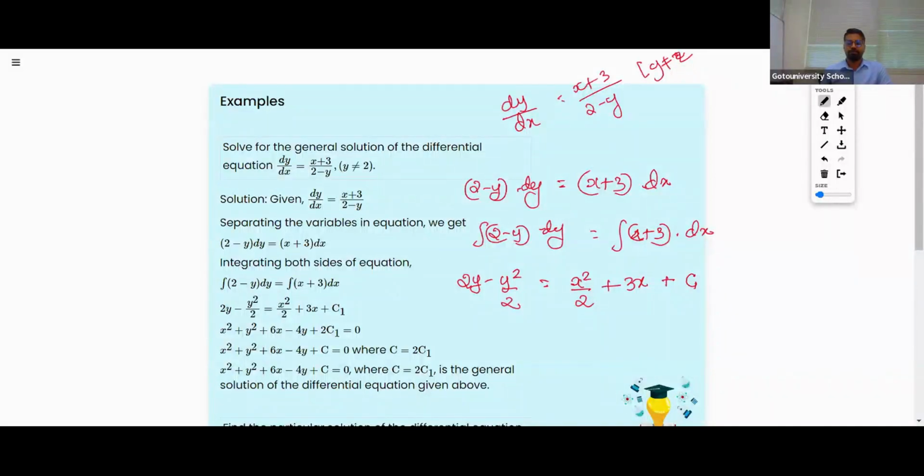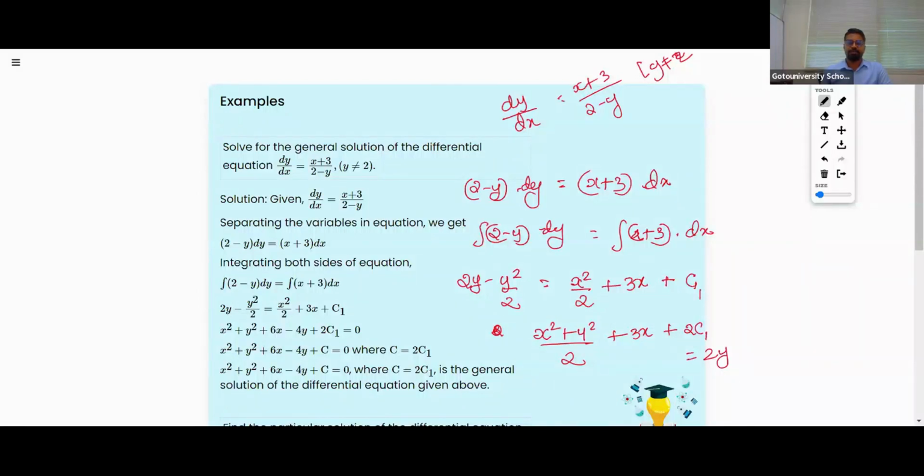Okay. Further, if you simplify, what do we get? It's going to be x square by 2 plus 3x plus 2c, maybe I'll write c1, is equal to 2y minus y square by 2, right?